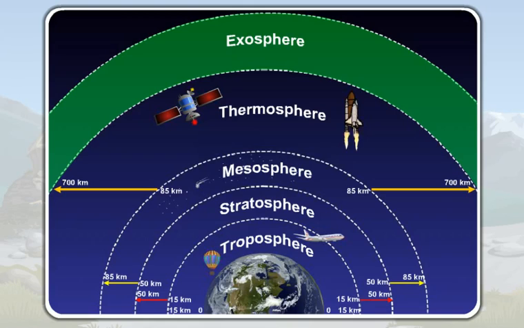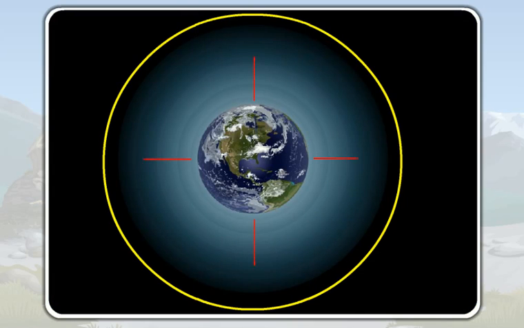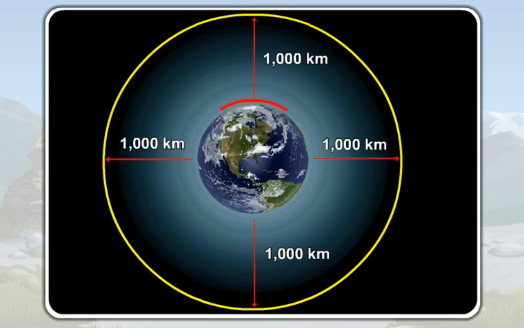It extends between 700 and 1,000 kilometers from the Earth's surface. The region above 1,000 kilometers from the Earth's surface is called space. There is no air in space.